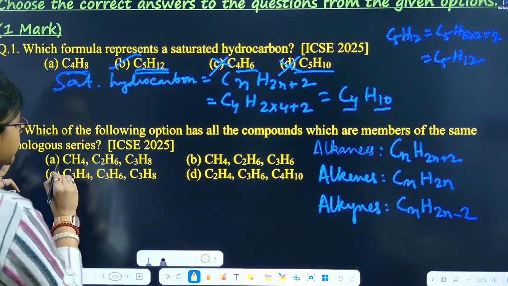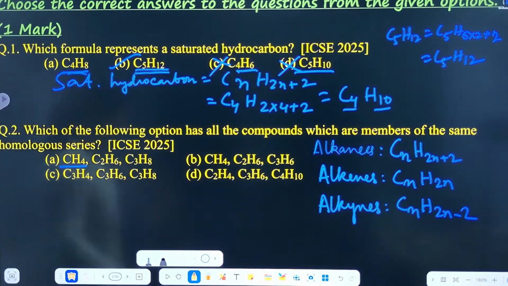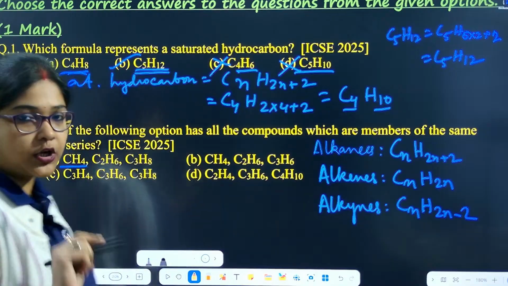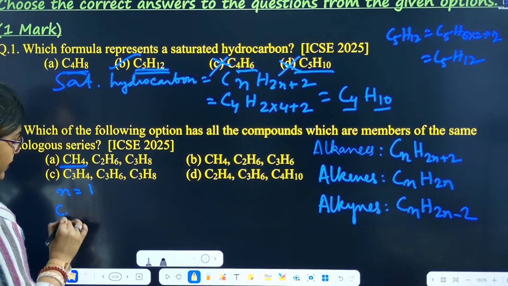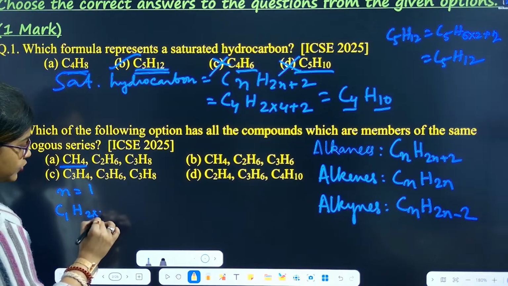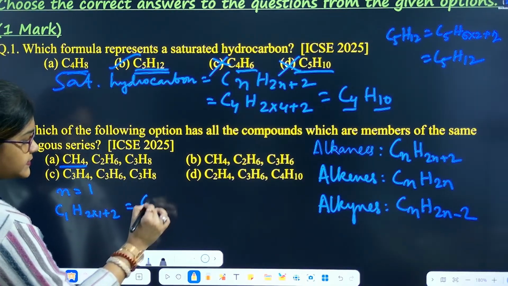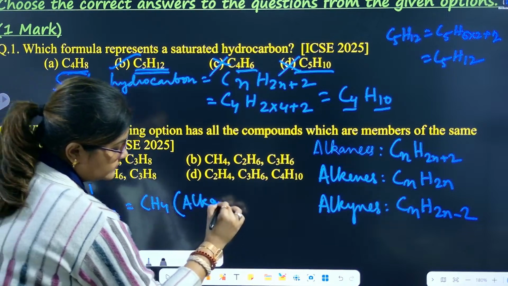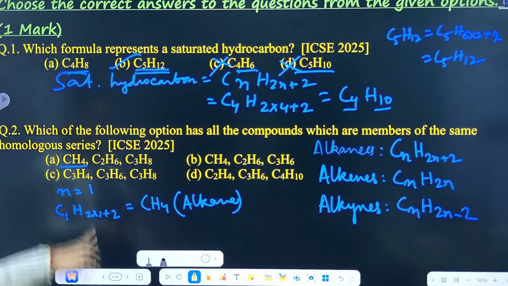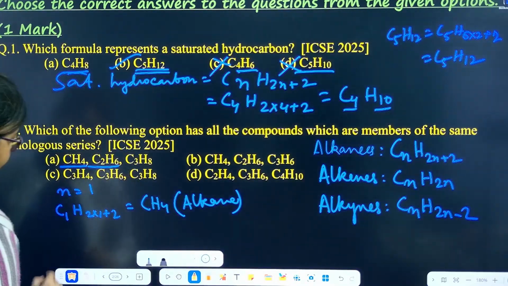For the first option, if you take CH4, in which homologous series will it fit? N is 1 here, so 2 into 1 plus 2. That means CH4 is an alkane. Okay. Next is C2H6.